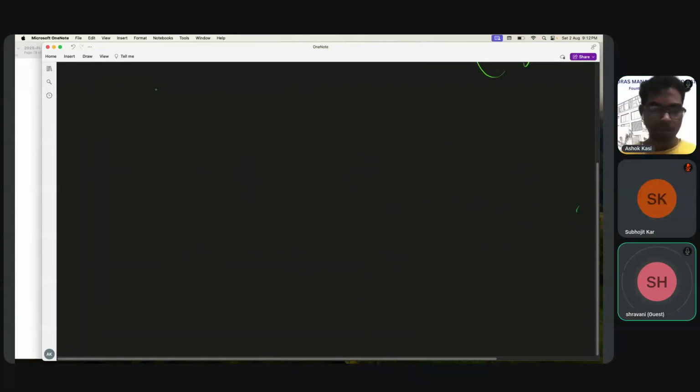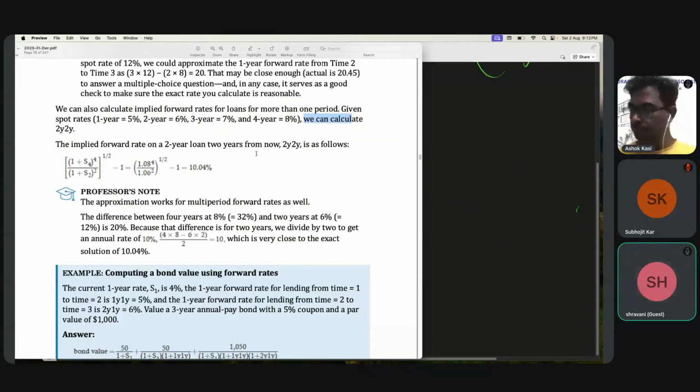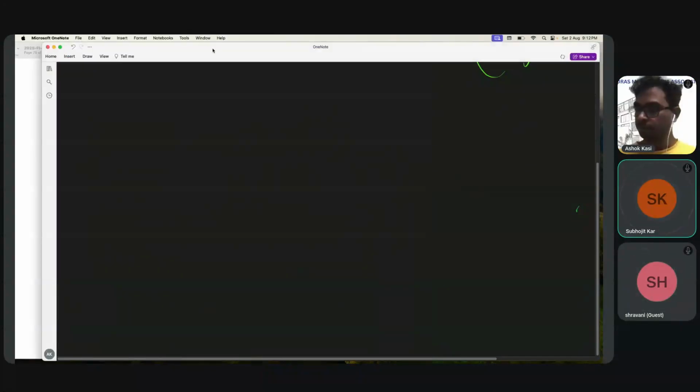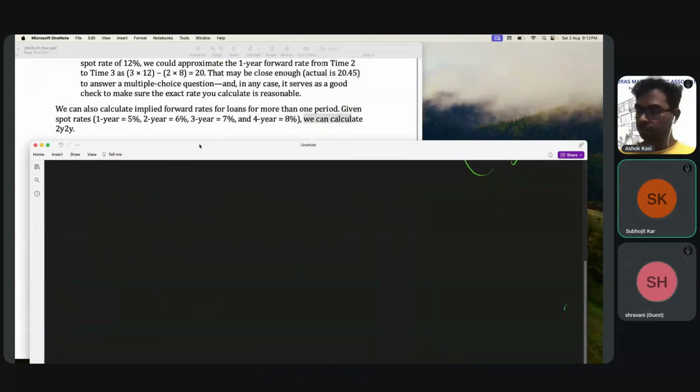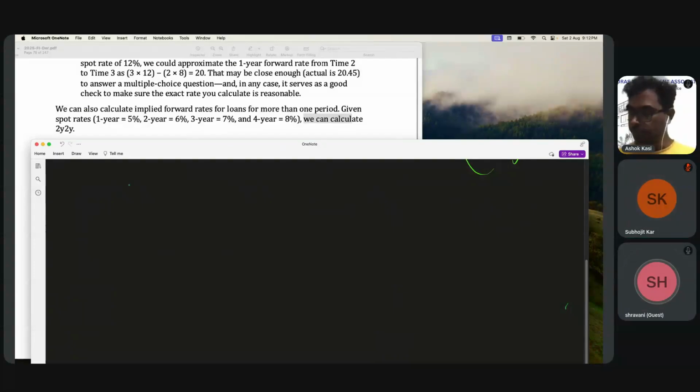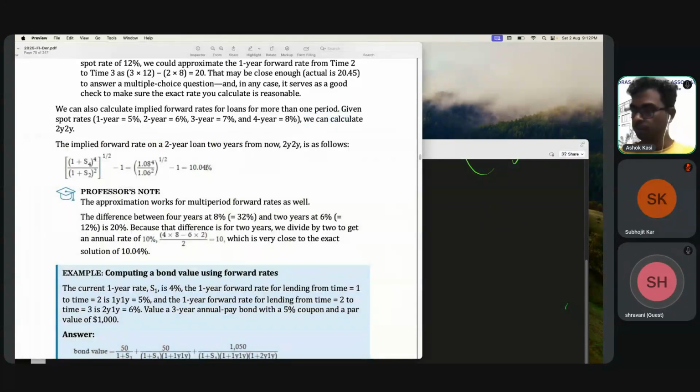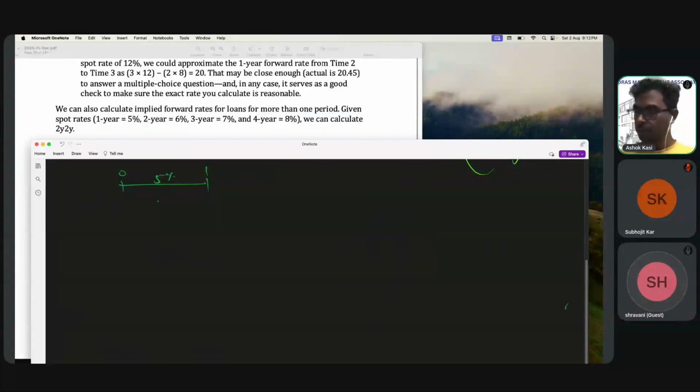So here we have to calculate for 2 years, right? It's the 2 year forward rate, 2 years from now, right? Shall I do it now? Yes, sir. See, 1 year spot rate is 5 percent.